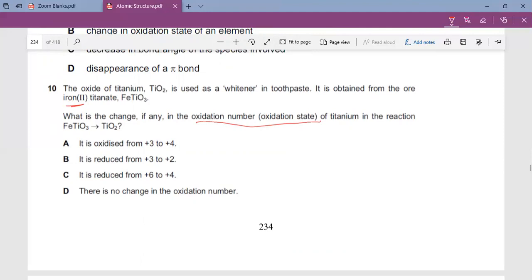Okay, so now you got to work it out. Some of you are very smart with maths, so no need. Remember the whole thing here is a compound, so it's charge 0, isn't it? So remember this is +2. Why +2? They tell you here it's iron 2. Oxygen is always -2. Okay, let's say titanium is X here.